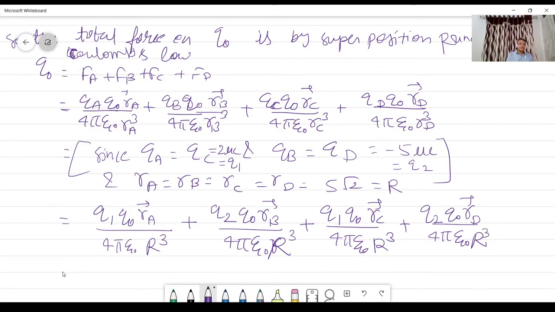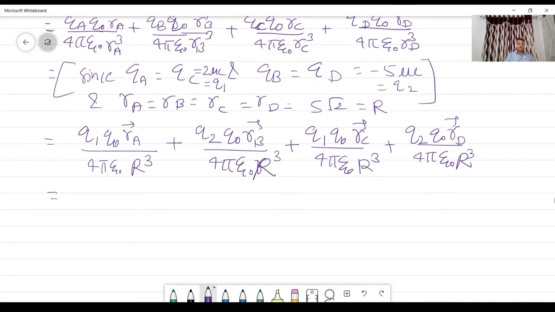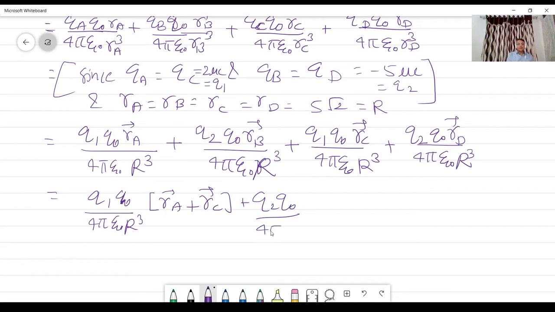So when I solve this, I can take common Q1 Q naught upon 4 pi epsilon naught R cube, and here it will be vector RA plus vector RC, and similarly Q2 Q naught upon 4 pi epsilon naught R cube, vector RB plus vector RD.